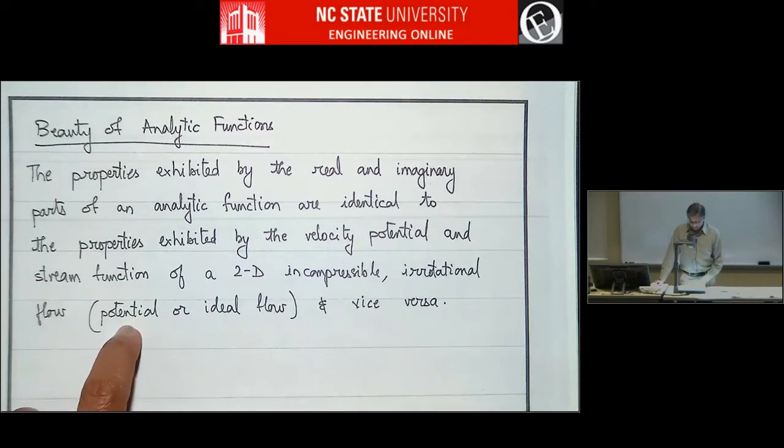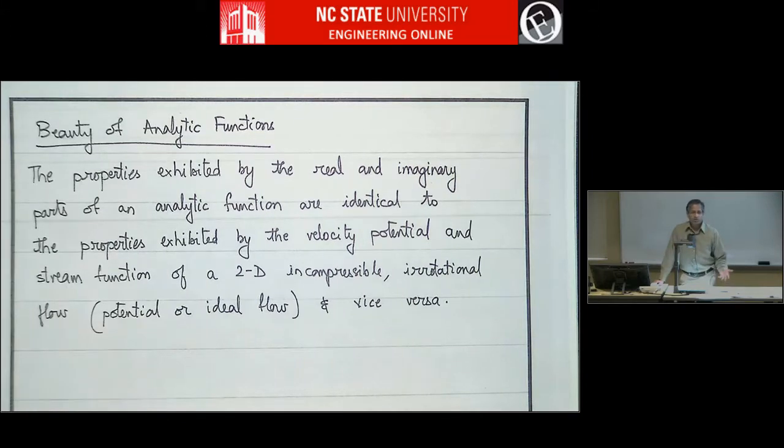This is what we call potential flow, or it's also called ideal flow, and vice versa. So you can take any potential flow, any ideal flow, and the stream function and velocity potential of that flow are really some analytic function of the complex variable z equals x plus iy.